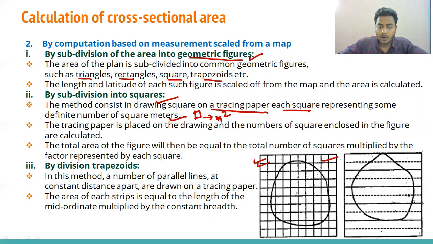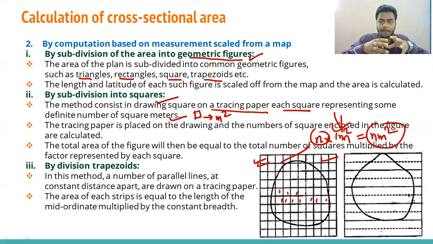Then we count the squares, suppose we get n squares, and for one square we have an area of 1 square meter, so the total area is n square meters. That means the total number of squares is multiplied by the area of one square.